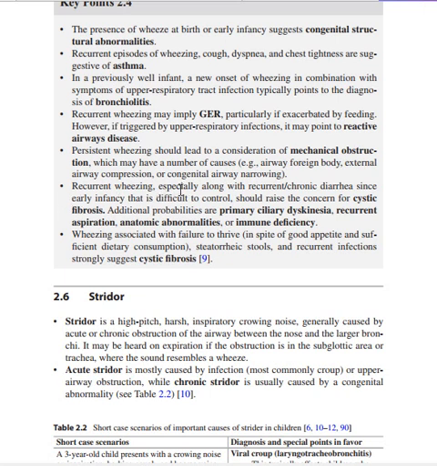Now, if you have recurrent wheezing, especially along with recurrent chronic diarrhea since early infancy that is difficult to control, it should raise attention to cystic fibrosis. Additionally, this cystic fibrosis is not usually present in our country, that's in our context.